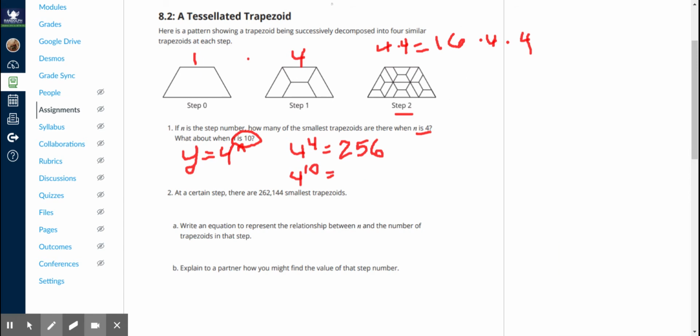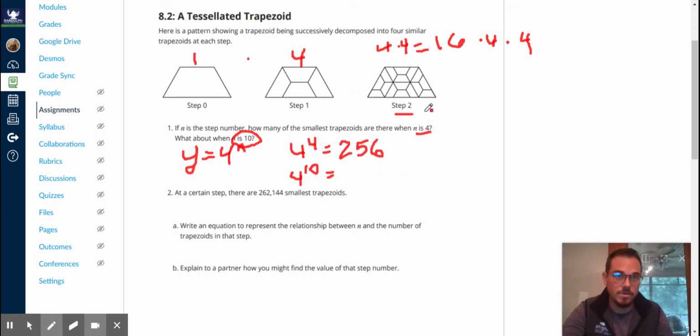So multiply 4 by itself 10 times. That's a really large number. You could find it out if you were dying to know, it's 1,048,576. But again, all we did was take n and put it to the exponent.